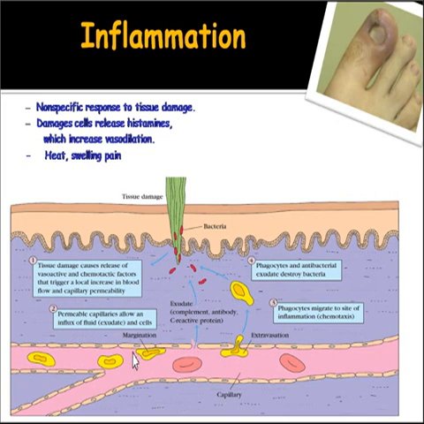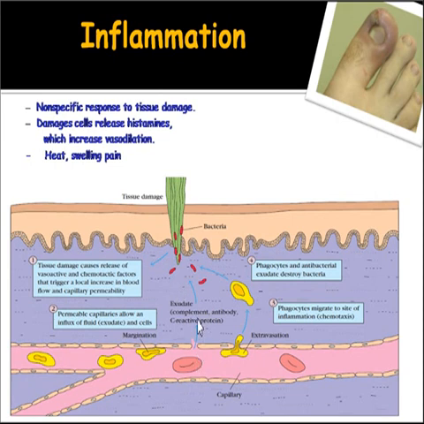The process in which these macrophages attach to the surface of the capillary cell lining is known as margination. Then the process by which these macrophages move from the capillary region into the site of injury is known as diapedesis.